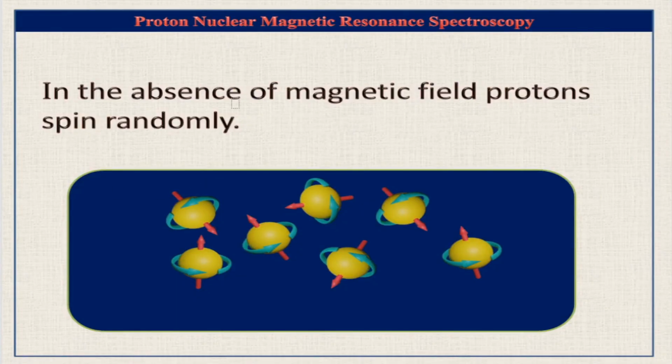In the absence of a magnetic field, protons spin randomly. When the magnetic field is not applied, there is no certain direction of spin. Some are spinning in this direction, some in that direction.